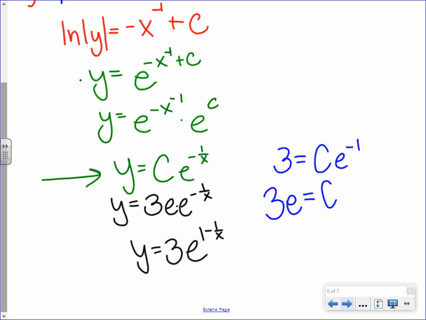I just think this looks a little bit nicer. You can even write the exponent as x minus 1 all over x. There's a number of ways we can write that exponent, but this is the type of answer I would expect. 3 e to just 1 exponent. Okay? All right.